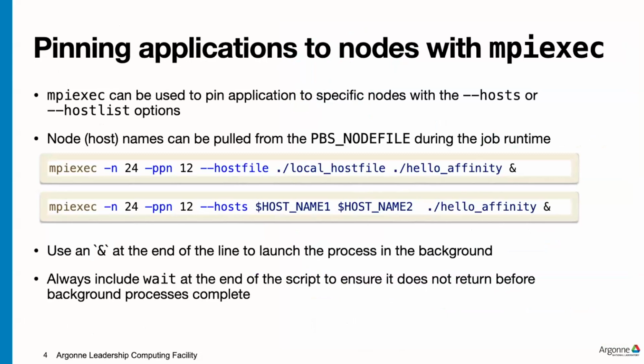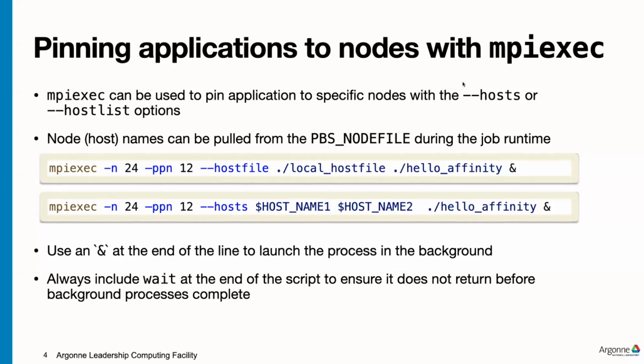So just to maybe pull out a few things I pointed to in that example, when you're running MPI exec, you can specify the nodes you want the exec call to launch your application on. In that case, we were using the host file option where you pass a file containing the host names.